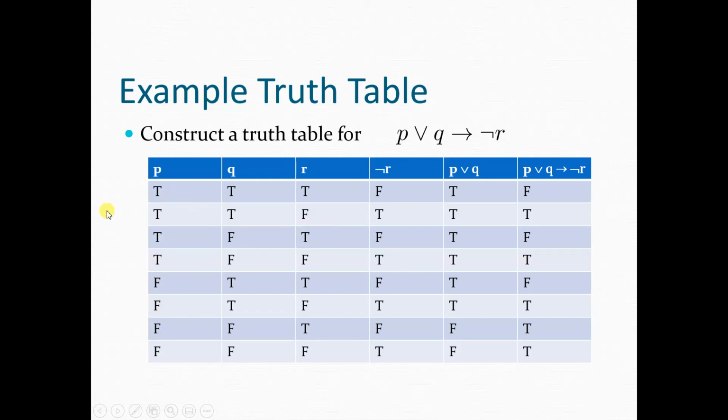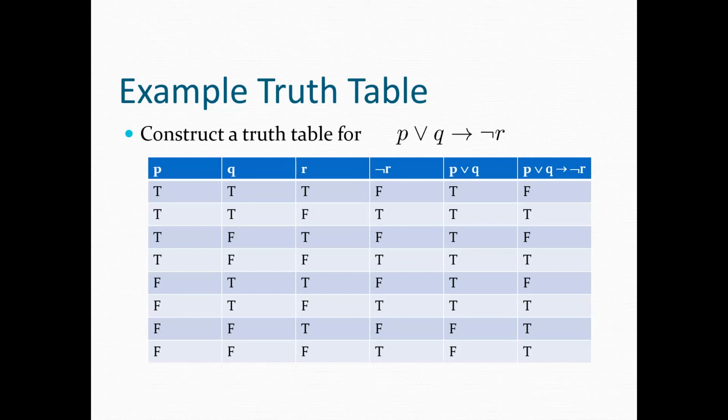All true, 2 true and 1 false, then 2 false and 1 true, and then all false. So you can verify it yourself. If you have 3 variables, you need 8 rows. If you had 2 variables, only 4 rows were required. If we had 1 variable, only 2 rows were required.